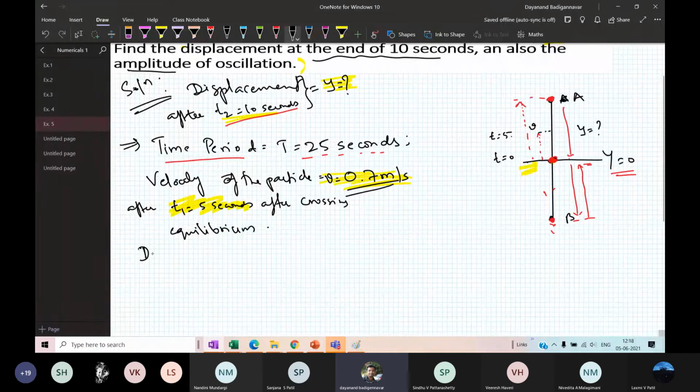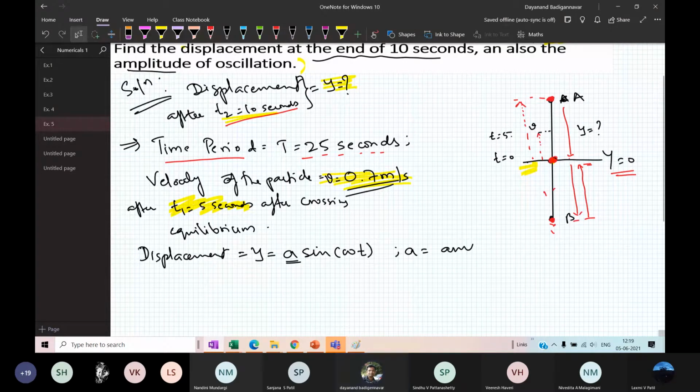So displacement is given by y is equal to a sine of omega t. To find y, I should find the amplitude, where a is the amplitude.